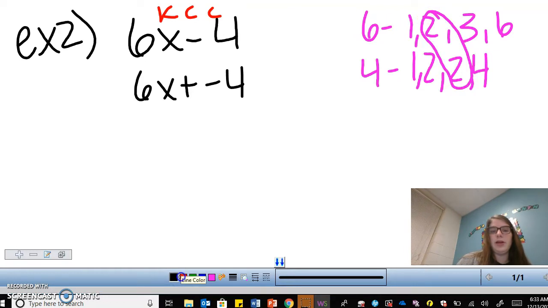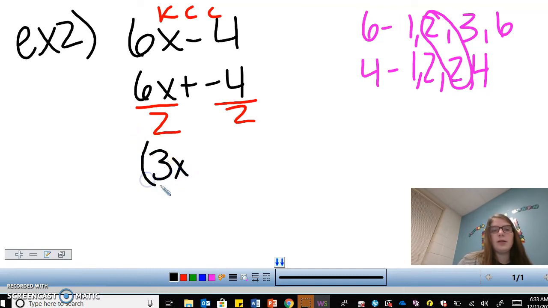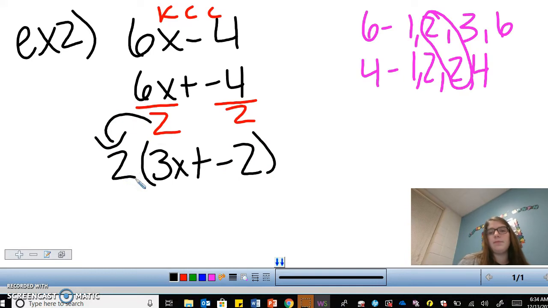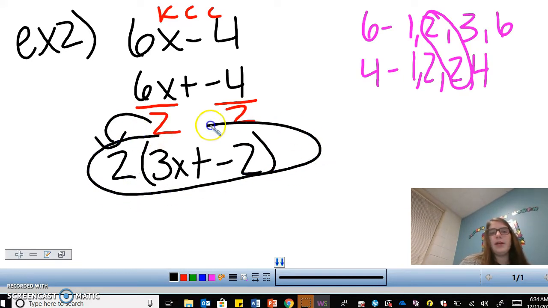So then I'm going to divide by 2, divide by 2. 6 divided by 2 would be 3x plus a negative 4 divided by 2 would be 2. And then I can't forget to put this number out front. So this right here would be my answer.